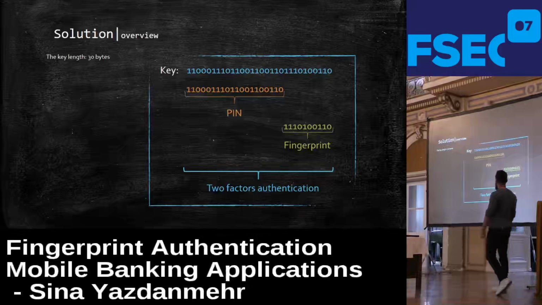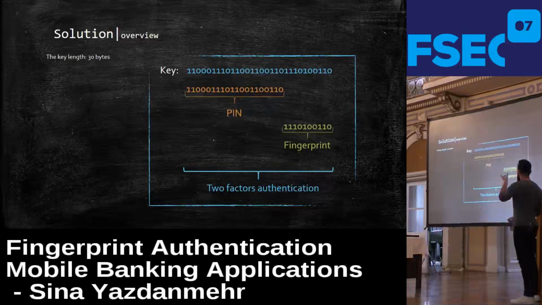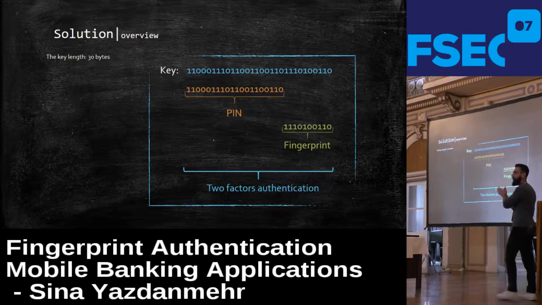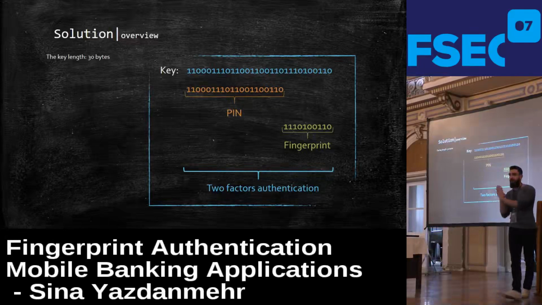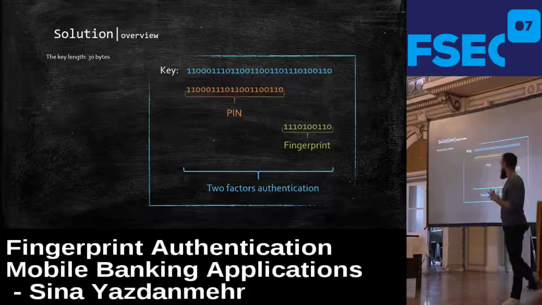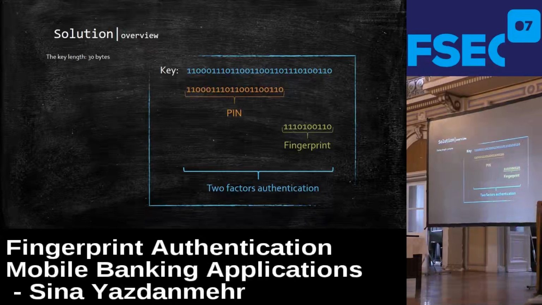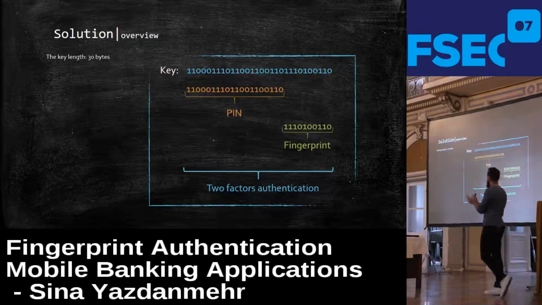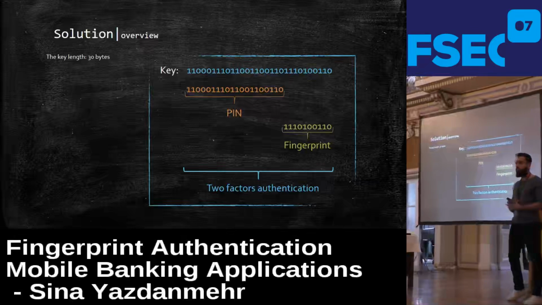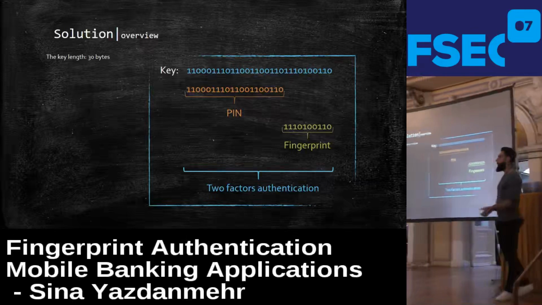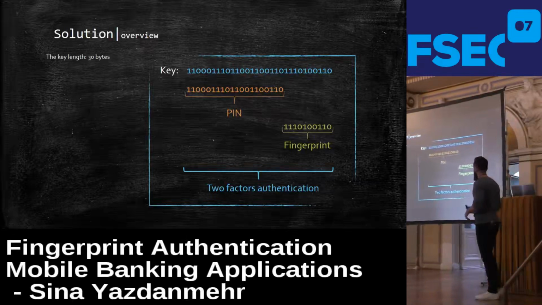In this case, I split the secret key into 20 bytes and 10 bytes, and use the first 20 bytes for PIN code authentication, the 10 bytes for the fingerprint authentication, and if the user wishes to do a two-factor authentication, I will concatenate the two parts of the secret key again and use the whole bytes in order to generate an OTP for two-factor authentication.